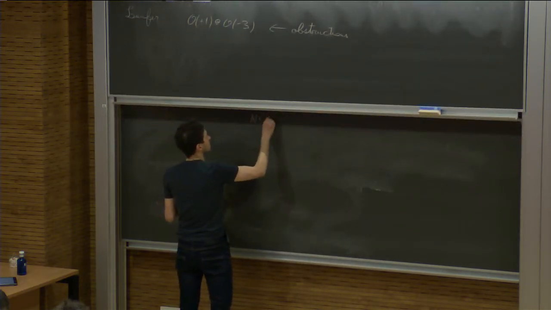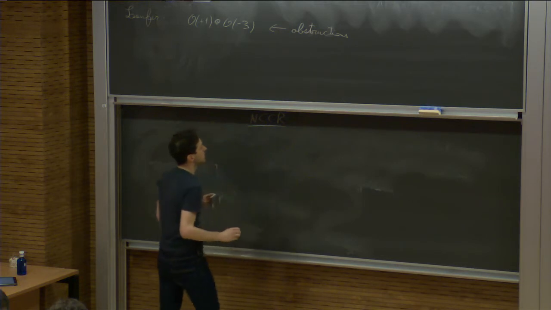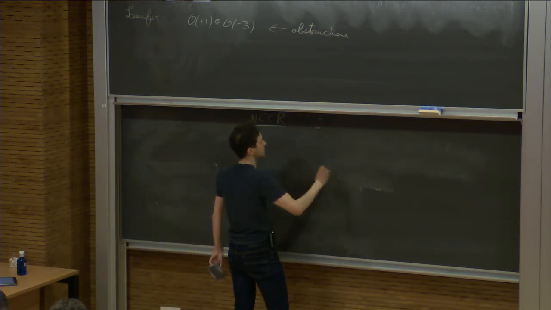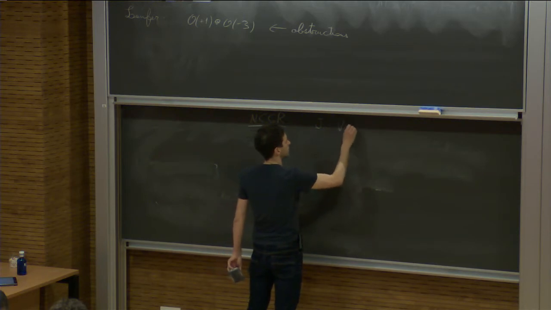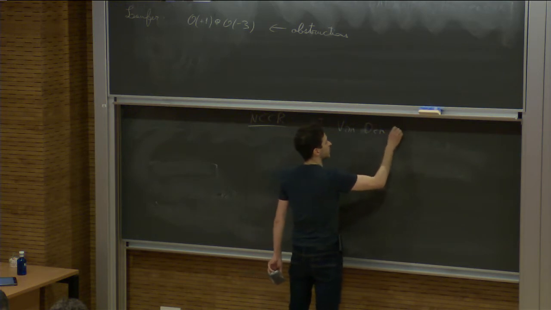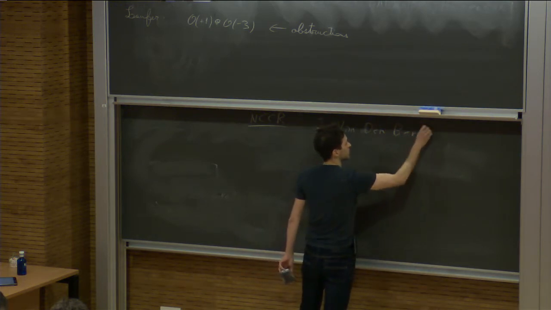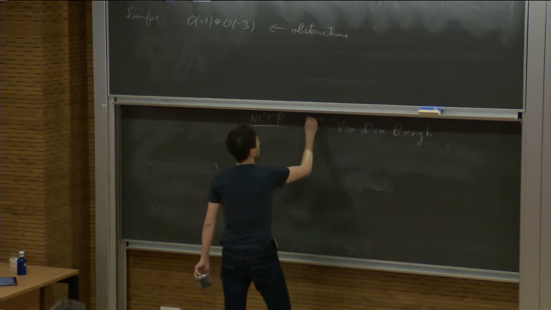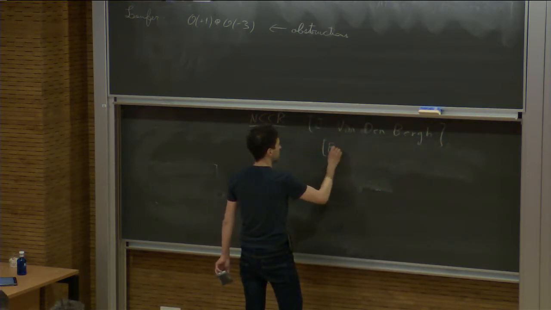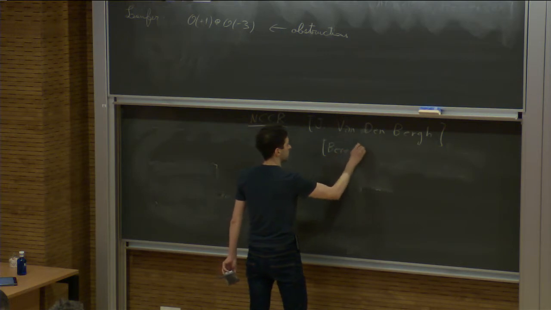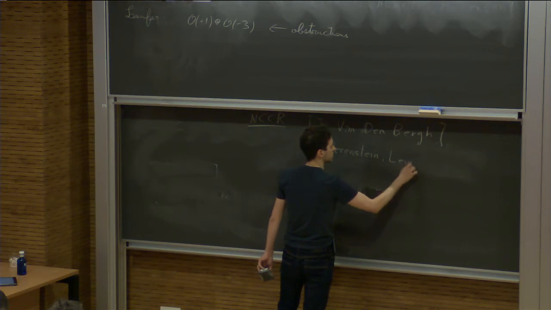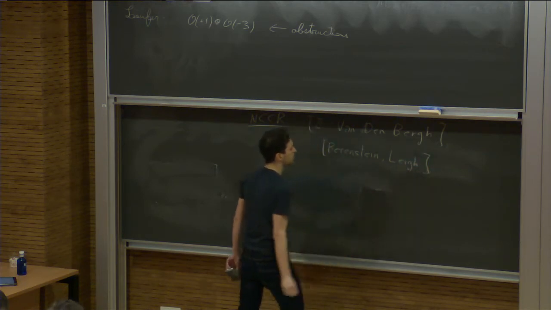So NCCRs. These were invented, or at least defined by Michel Van den Bergh, although some mathematicians also give credit to Kuznetsov and Lee around the same time.